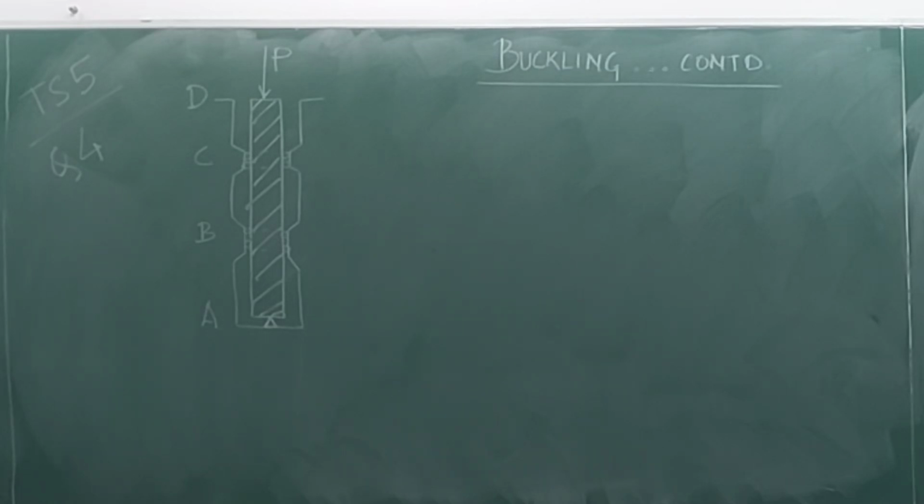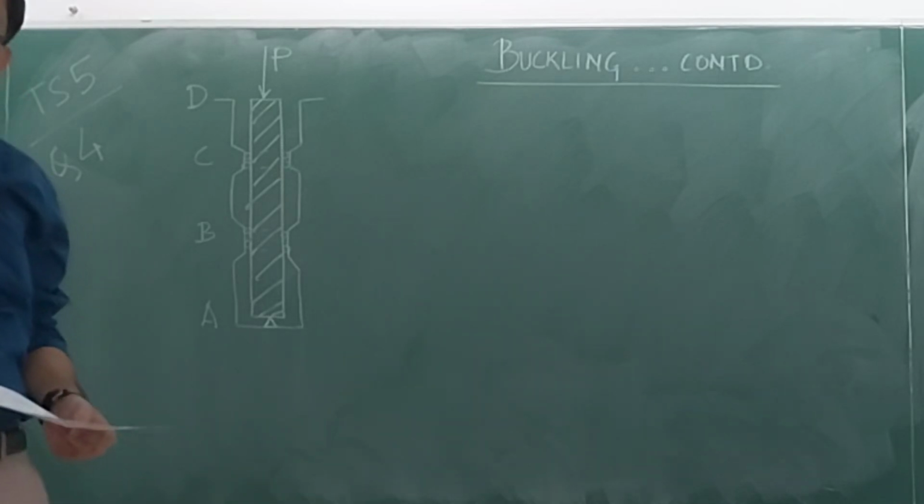Yes, all at the same time. They require different feedback. Sorry? Every part requires different feedback. No, because they are actually part of the same P, right? So no matter which cut section you take, the P will be the same. But the critical P will be different.